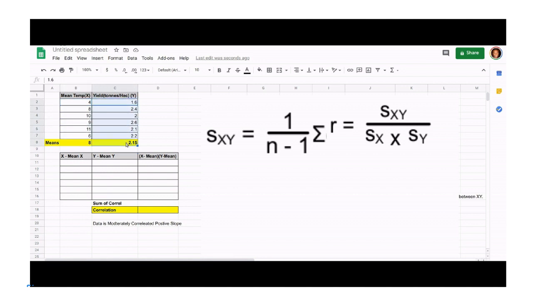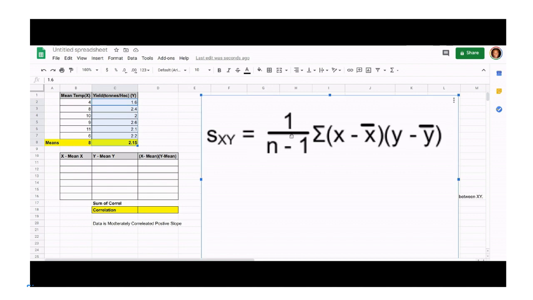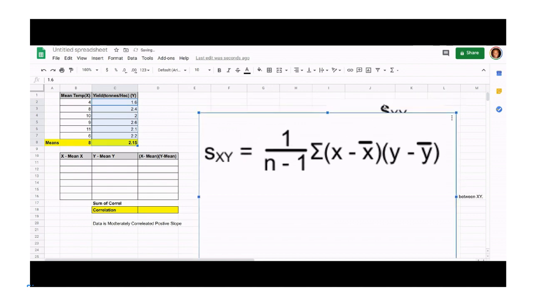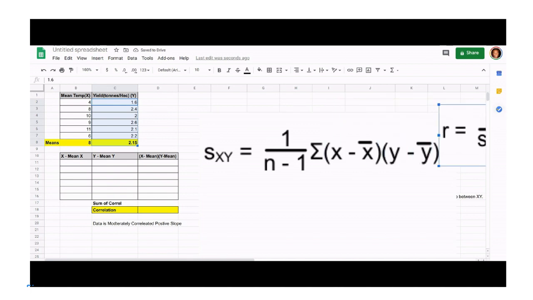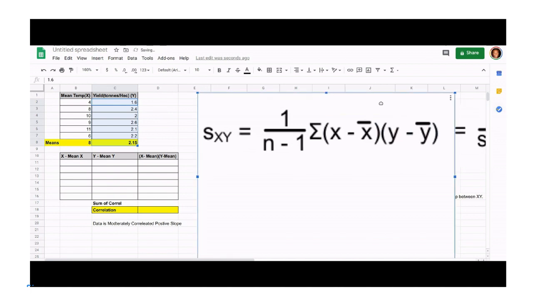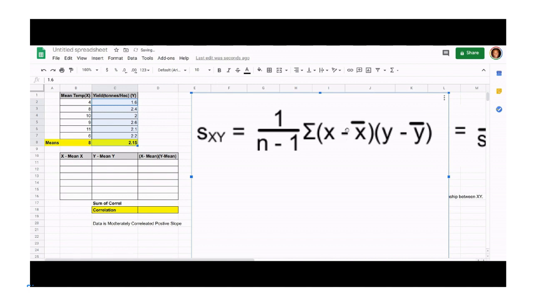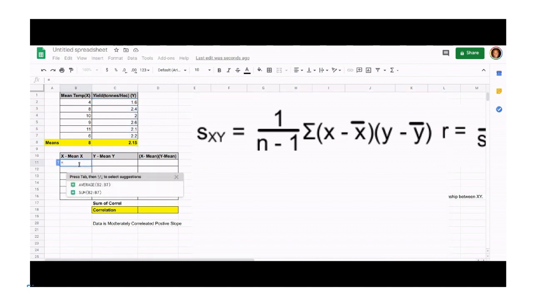we actually have to go back and calculate the x's minus the mean, and then the y's minus the mean. So here's how you do that.